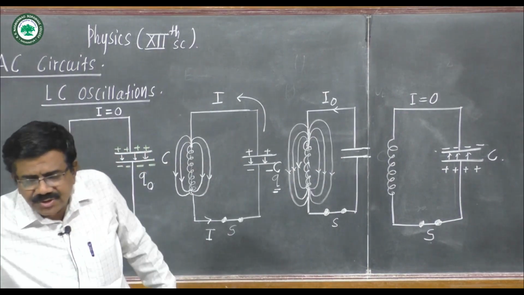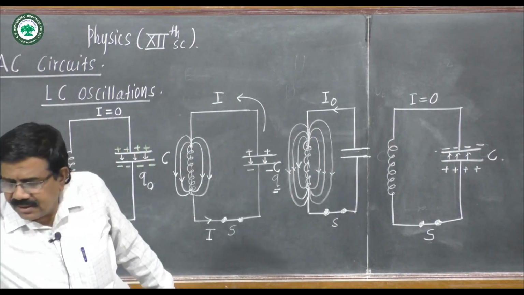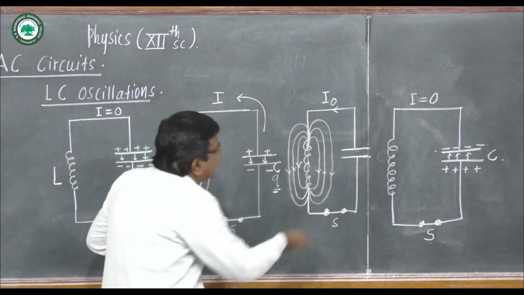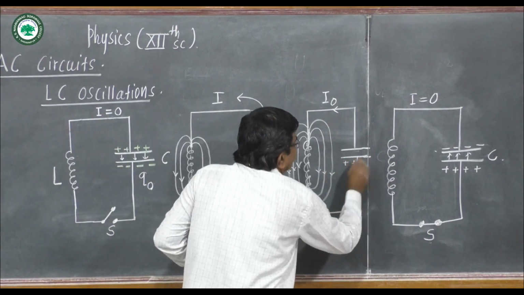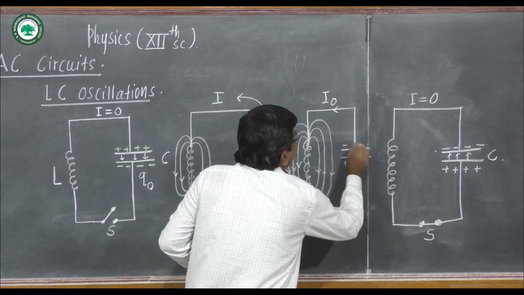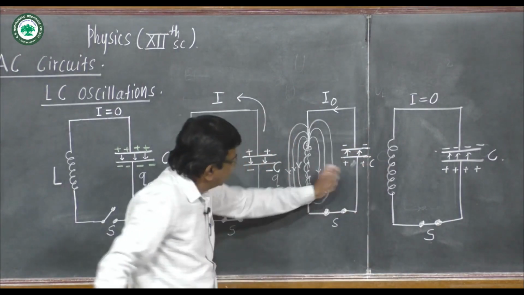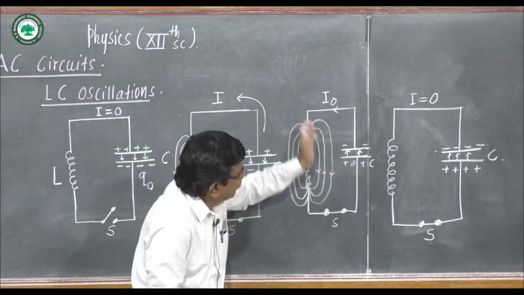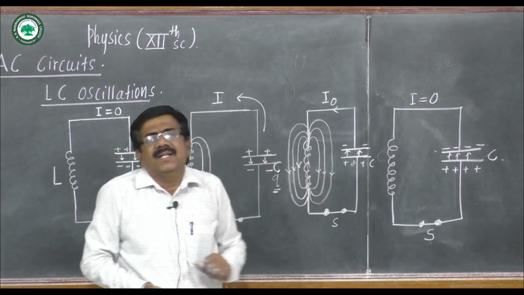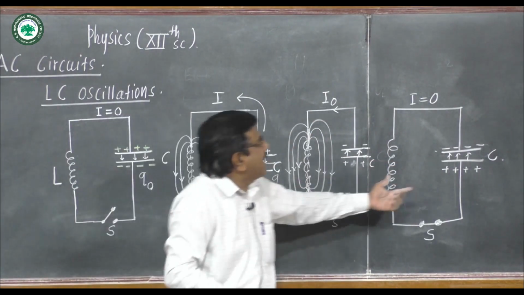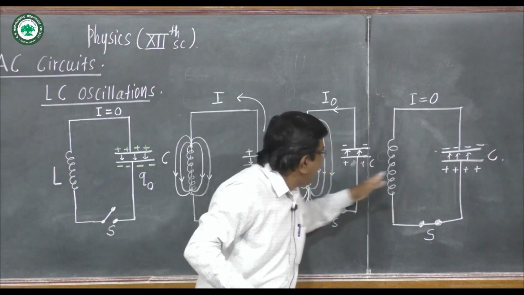In the earlier case the capacitor was charged like this, and the process of charging continues, and in this figure the capacitor is fully charged now, but in the opposite direction.